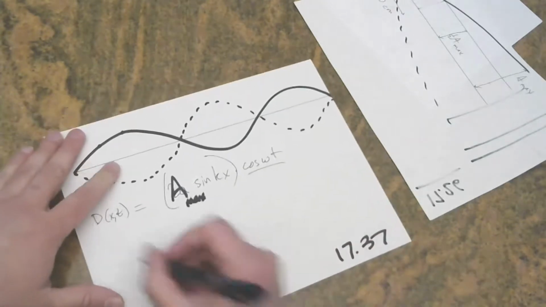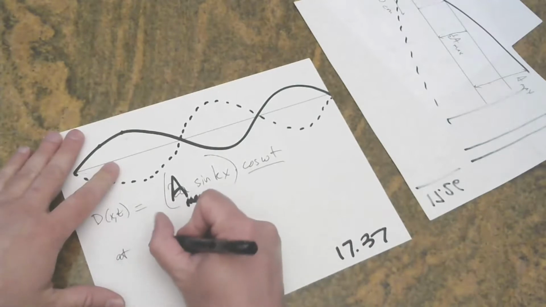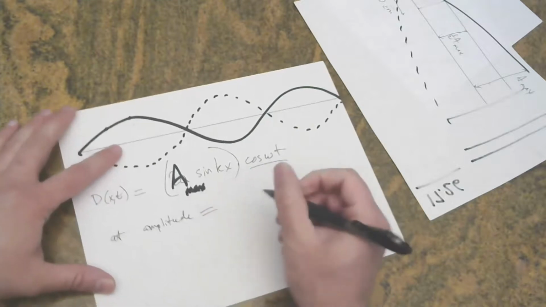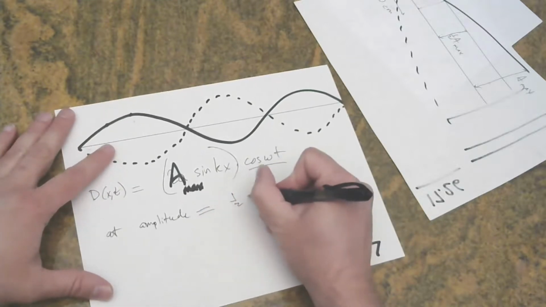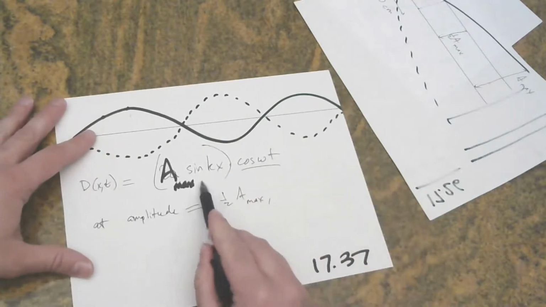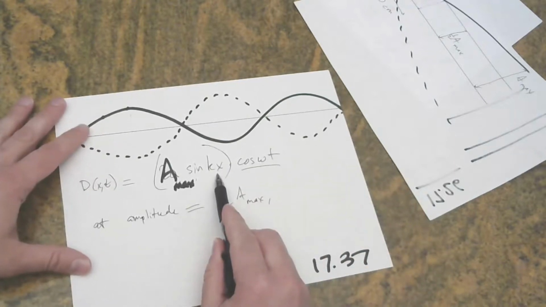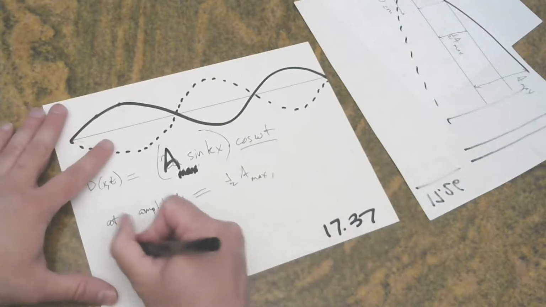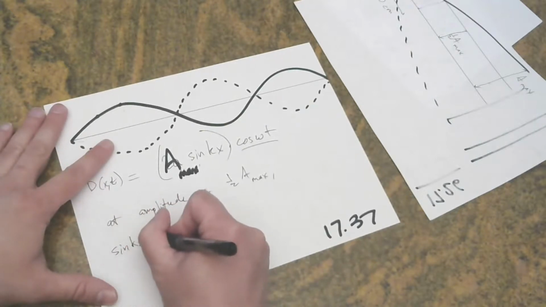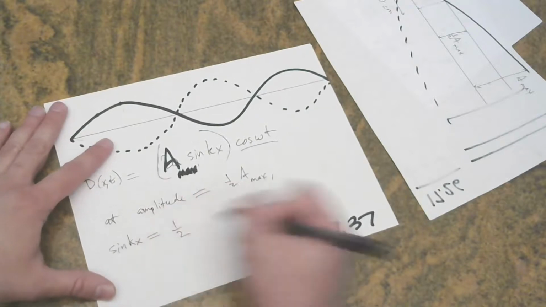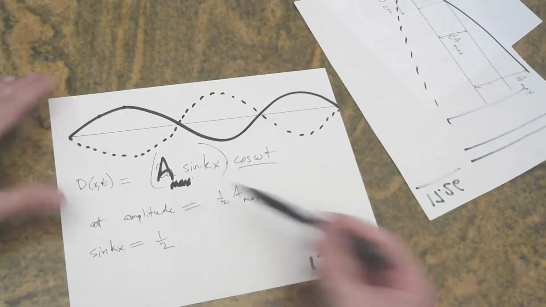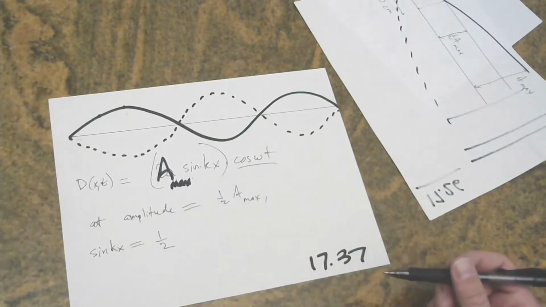So at amplitude equal to 1/2 max amplitude, the only way for that to happen is if the sine function takes on the value 1/2. Sine of kx needs to be 1/2. Simple as that, right? Then you've got a factor of 1/2 next to the a sub max.